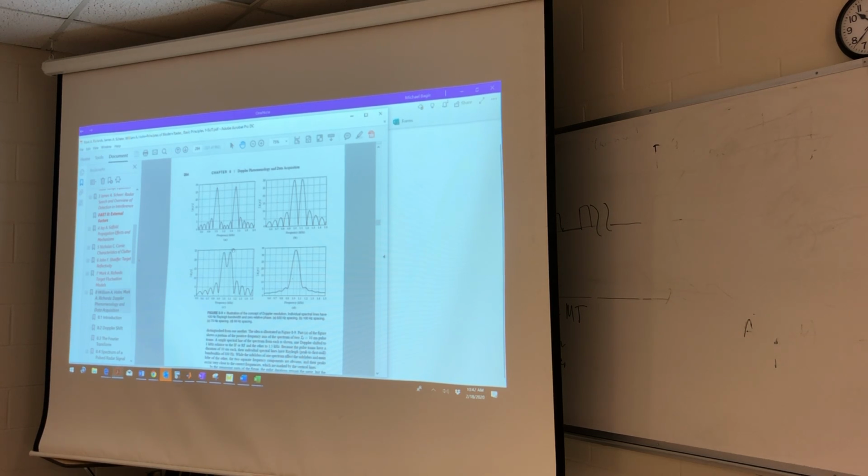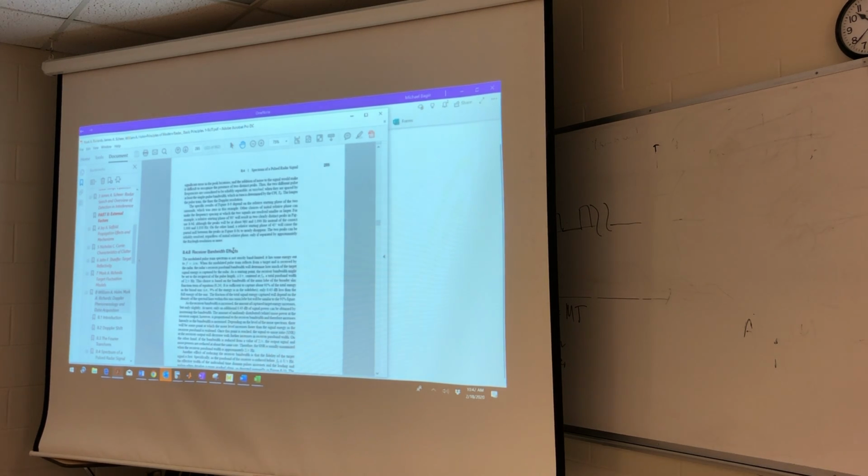So the more clutter, the more of this original signature unshifted coming back at you, the less you're going to actually be able to see in terms of the target. So that's why we do clutter filtering and things like that. It's coming up, and that's in the ambiguity function. But he's giving you a picture of what happens. What are some of the problems with resolution if you don't have enough? And you can read that on your own.